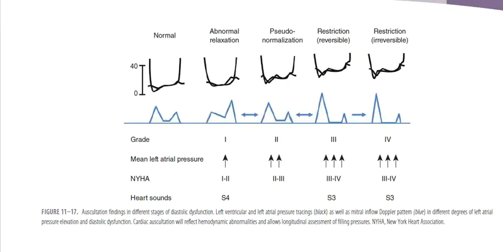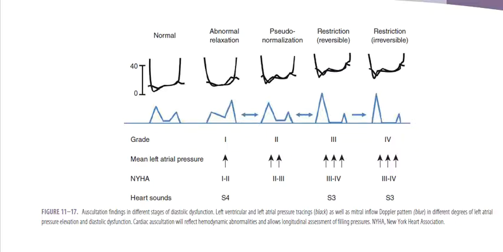Here the figure shows auscultation findings in different stages of diastolic dysfunction. Left ventricular and left atrial pressure tracings are in black, as well as mitral inflow Doppler pattern in blue, in different degrees of left atrial pressure elevation and diastolic dysfunction. Cardiac auscultation would reflect hemodynamic abnormalities and allows longitudinal assessment of filling pressures.